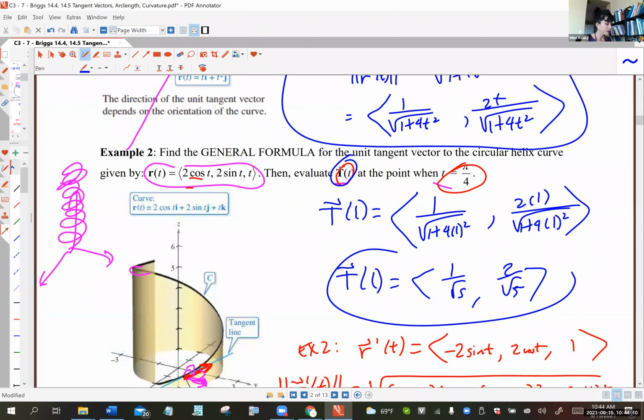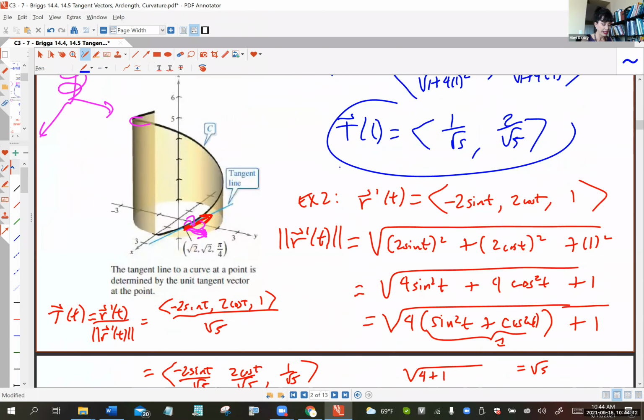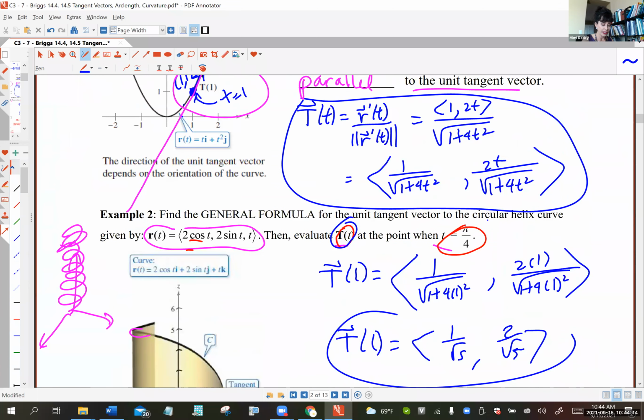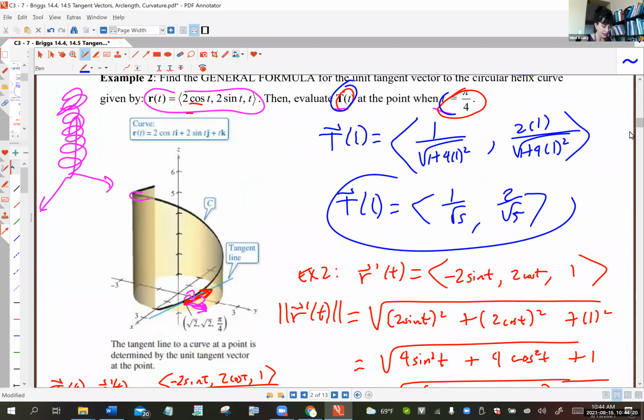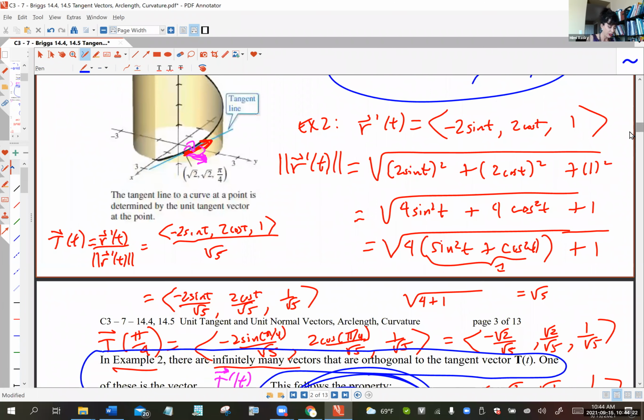I know we evaluated it at t equals pi over 4, but we're not going to use that answer. We're going to use the answer where we got big T as a function of time, right there. We'll use that to get big N and big B.